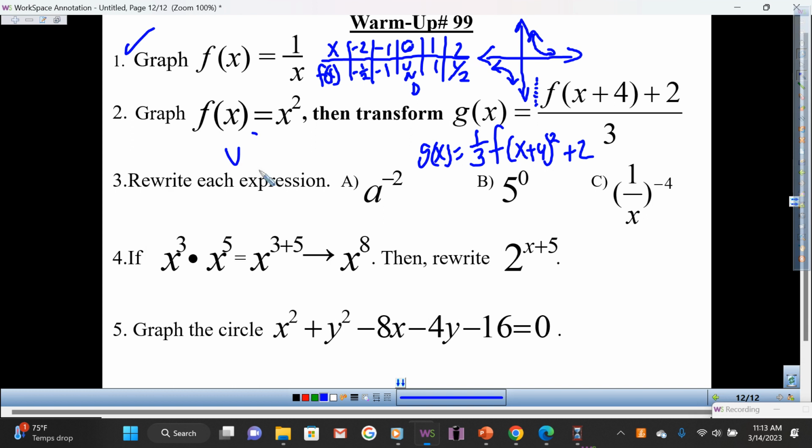So with that said, our parent function, which is a parabola, is going to be moved to a new vertex. Starting over the new vertex according to that transformation. What's our new vertex? Ivan, new vertex. Go.